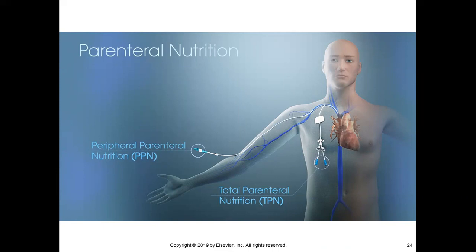And before any procedure for peripheral nutrition or total parenteral nutrition, we have to use an antiseptic solution around the incision line or central line. Always we have to check the dressing as well.